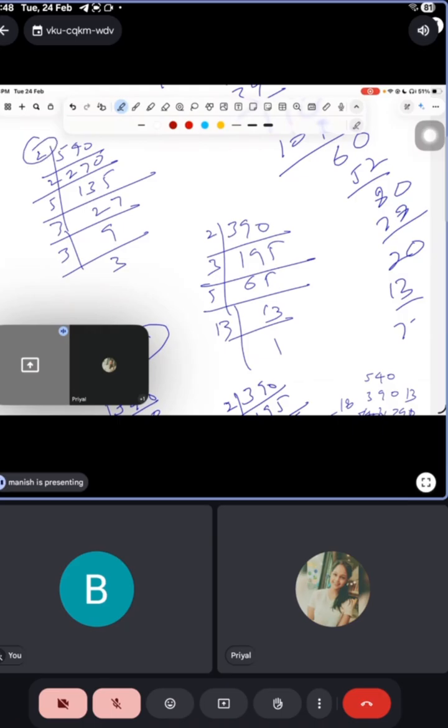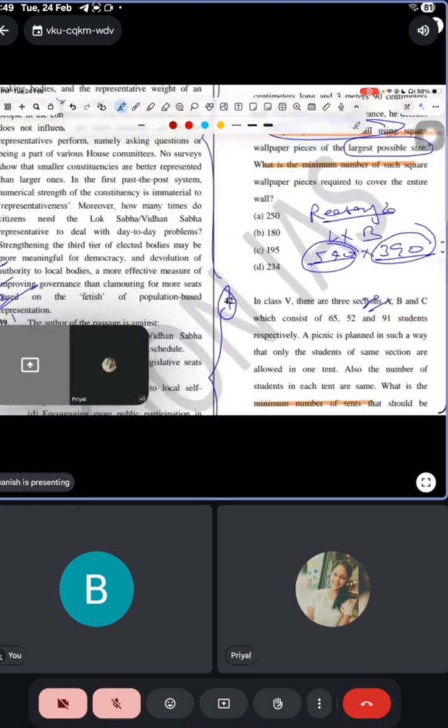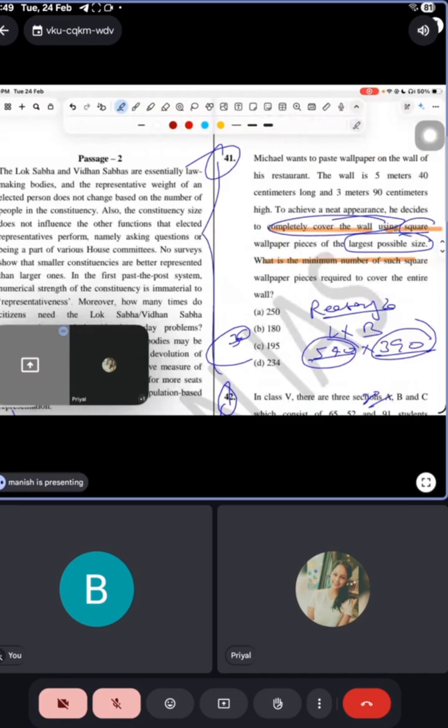Now tell the HCF: 2, 3, 5, and 13 are common for 390. So 2, 3, 5, which is 30, is the HCF. It means that the side of 30 we have to put, and that is a square.